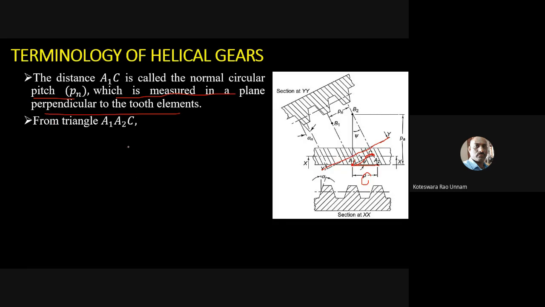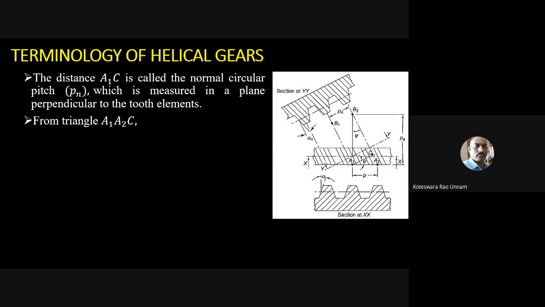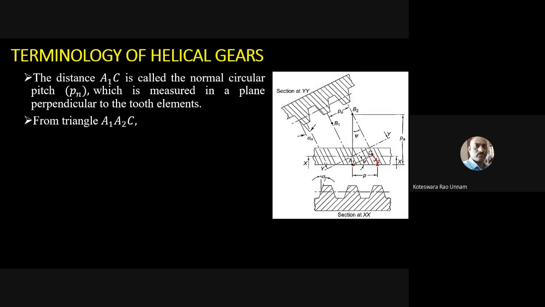From triangle A1, A2, C, that means this triangle, this point is A1, this point is A2, and this point is C. So in this triangle A1A2C, here it is 90 degrees, and this is your helix angle.